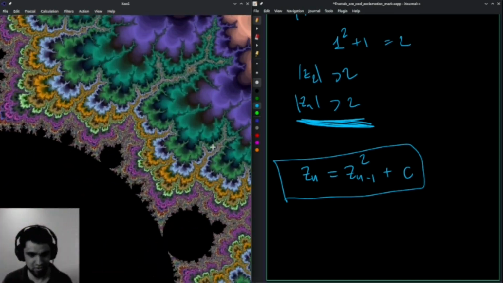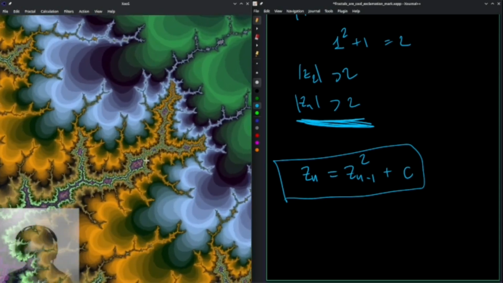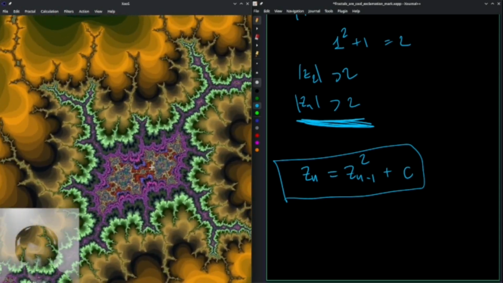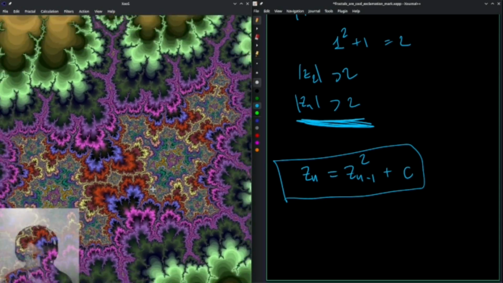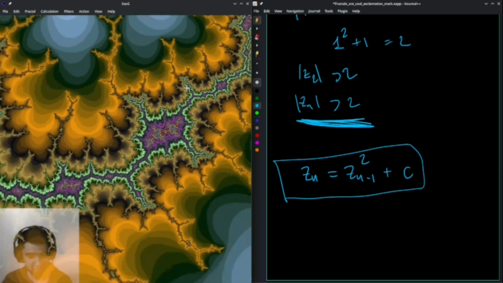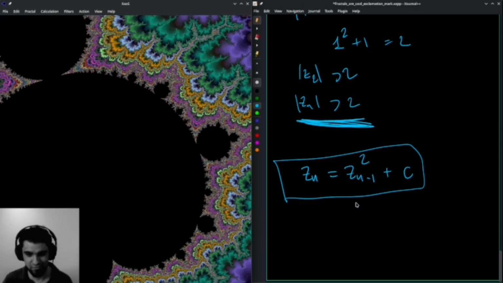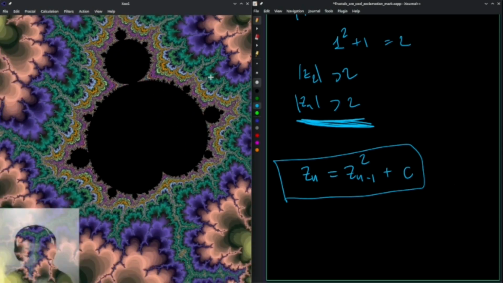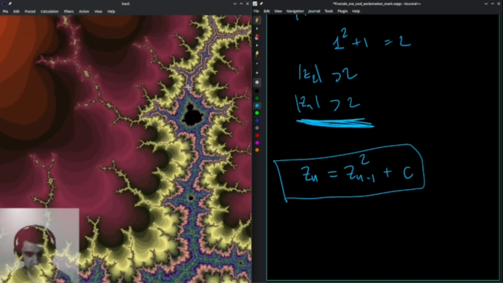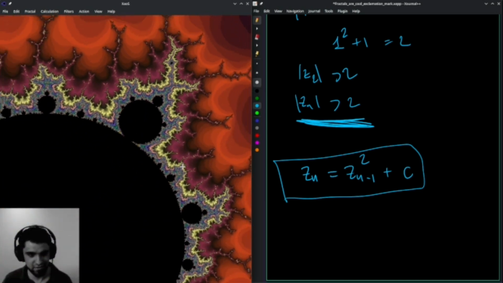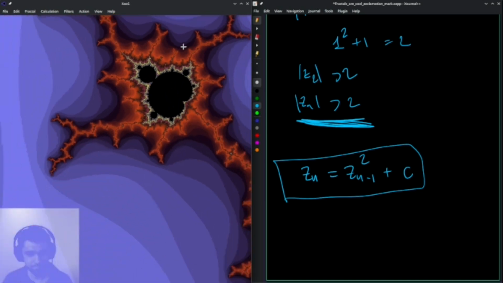And if you zoom more, it just gets crazier and crazier and crazier, right? And so the complex numbers are amazing in that a very, very simple formula gives such interesting results, right?